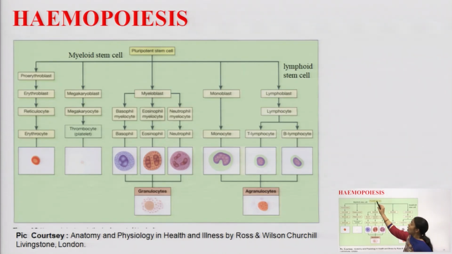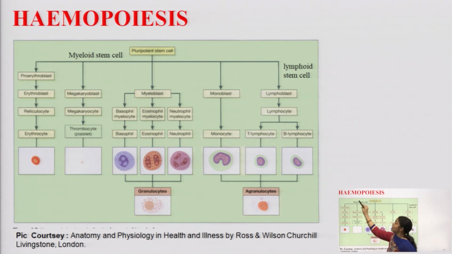Now, all the blood cells originate from your pluripotent stem cells. Pluripotent stem cells reproduce and differentiate in your red bone marrow. They are divided into myeloid stem cell and lymphoid stem cell.